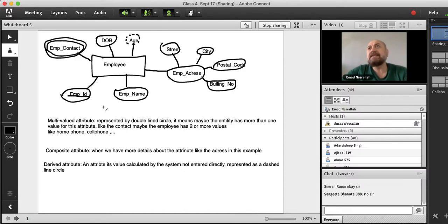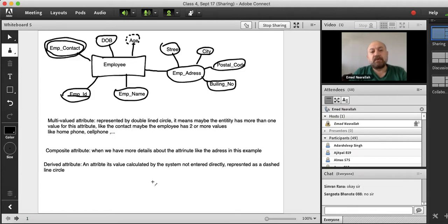So I'm not going to say family, I'll call it dependent. Maybe they want to know about the dependents because the company is offering health insurance for the employee and every single individual of his or her dependents. So they need their details.